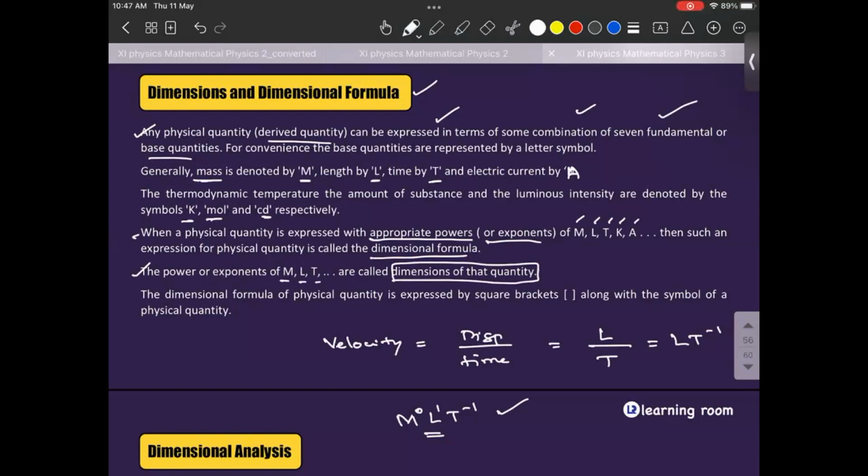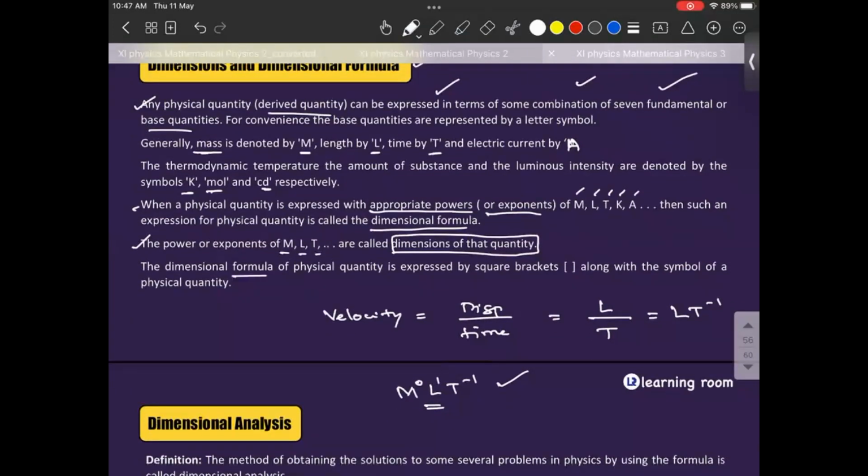The next point is, whenever you write a dimensional formula of a physical quantity, you generally put it in a square bracket along with the symbol of that physical quantity. In velocity, generally the symbol we use is V. It is understood. For example, if I ask you what is kinetic energy, you will say half mv square by default, and you already know m is mass and v is velocity.